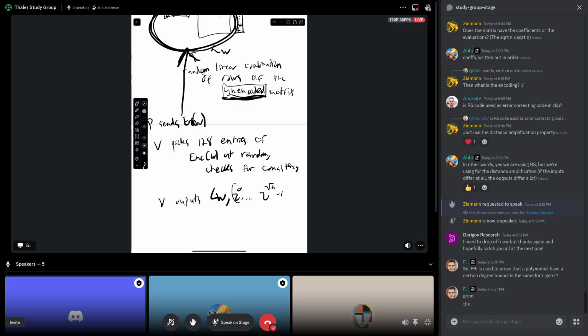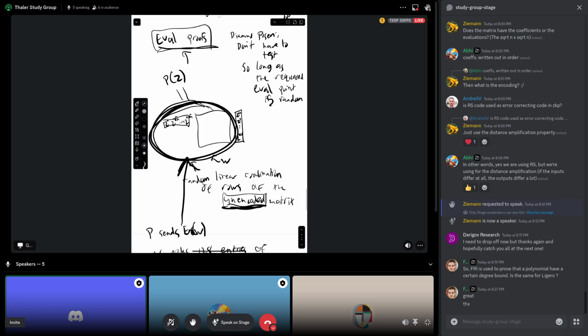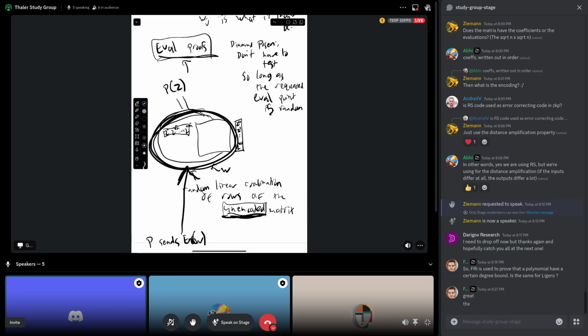Okay, so that's what Diamond and Posen observed: if you look at the evaluation procedure, it's literally identical to the testing phase, where the prover is sending a random linear combination of the rows of the unencoded matrix.